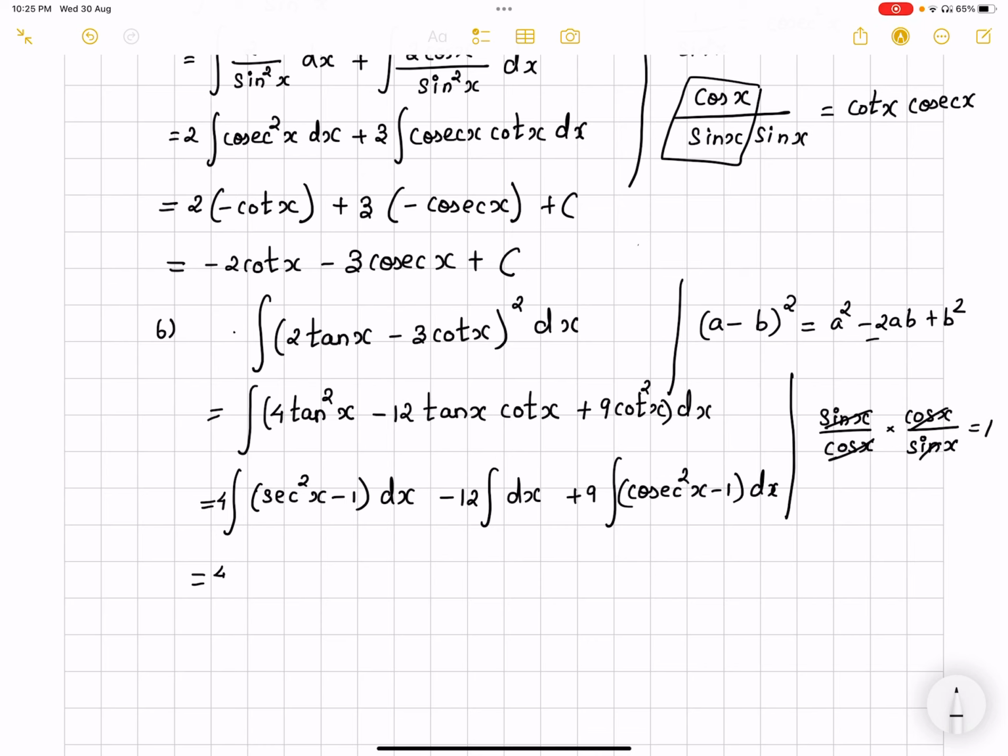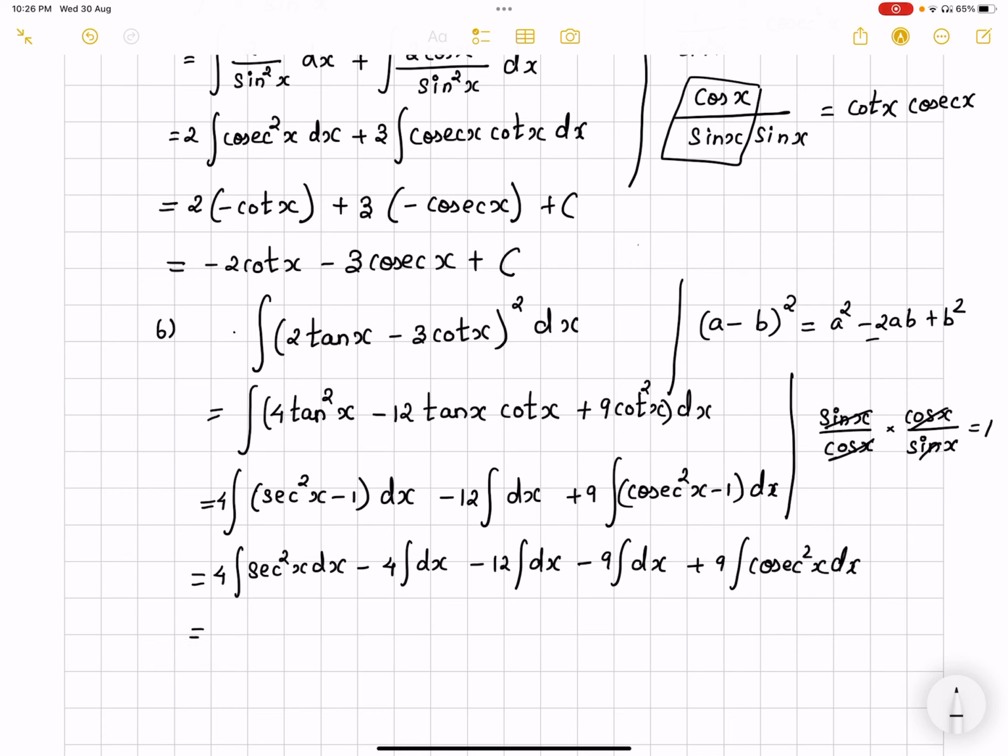Now here, 4 integral secant square x dx minus 4 integral dx minus 12 integral dx and then minus 9 integral dx and then plus 9 integral cosecant square x dx.